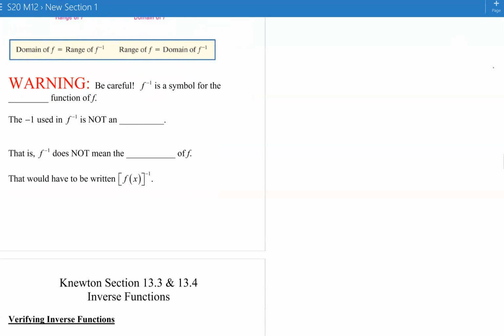Okay, so be careful. This symbolic language, f with a -1 superscript, is symbolic for the inverse function of f. And if you want to write it with an argument, you read this f inverse of x. So the language goes in the order of the symbols as you read left to right. F inverse of x.